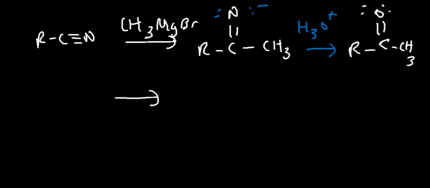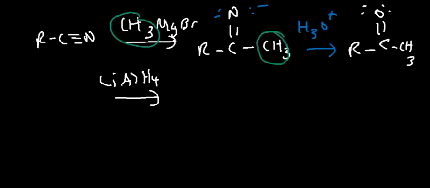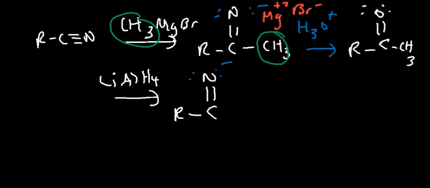So let's say we were to use lithium aluminum hydride instead of CH3MgBr. So this R group, instead of being CH3, is going to be a hydrogen, because lithium aluminum hydride reduces by adding hydrogen atoms. By the way, this nitrogen with a negative charge, you can pair it with magnesium, which has a +2 charge, and a bromide ion.